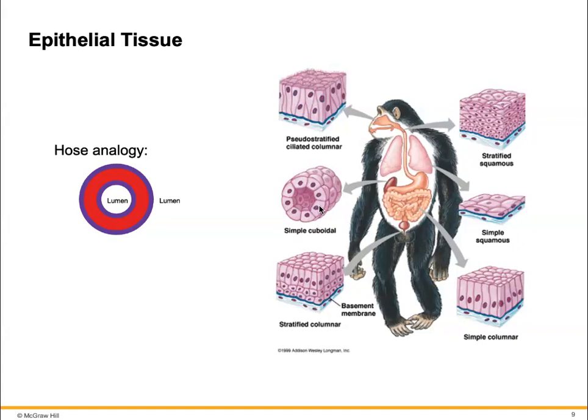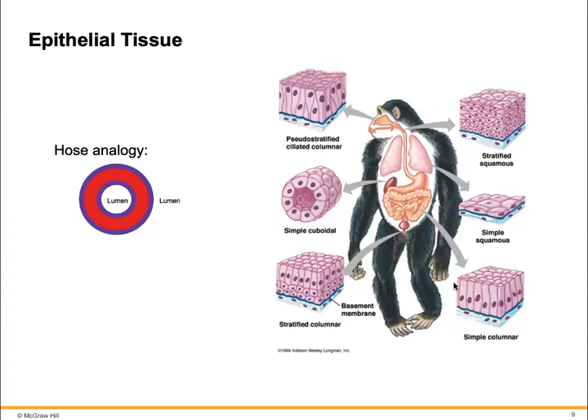The simple cuboidal cells are found in areas like your kidney, and they function more in filtration, where it secretes some material, but it also reabsorbs other material as we're forming urine from filtering our blood. And then the simple columnar cells are typically found within the intestines, where these would be absorptive functions.